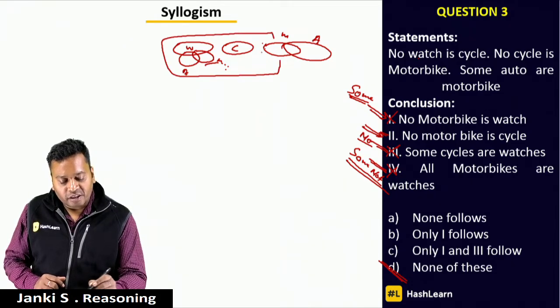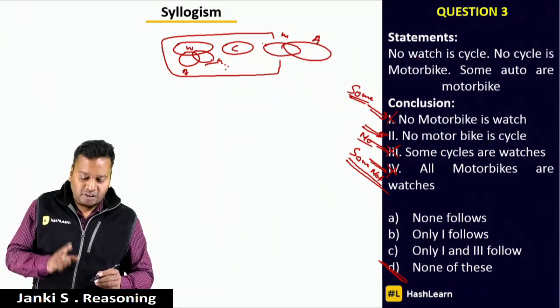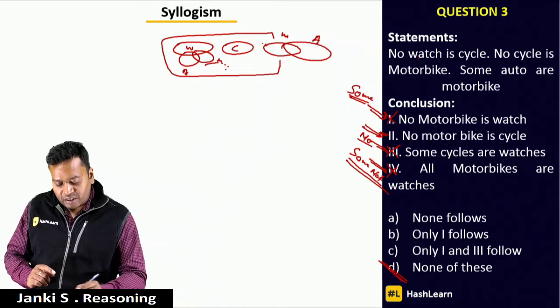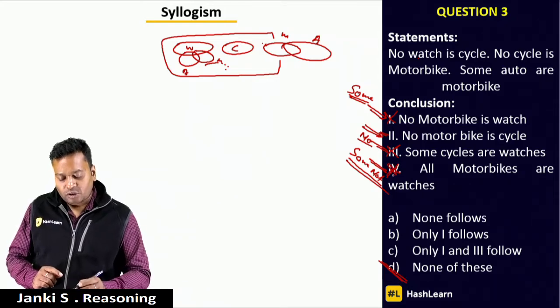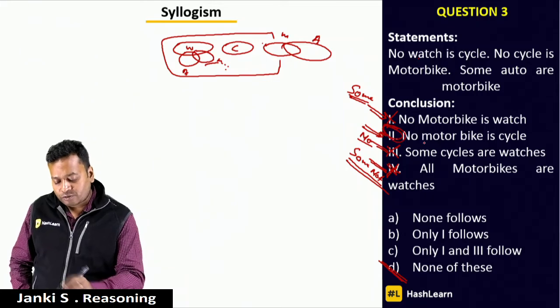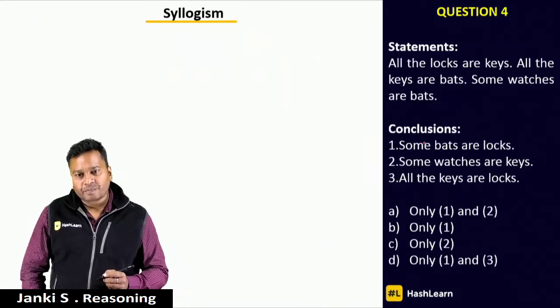If we identify this, it covers no motorbike is watches, and here some motorbike is watches. So combination of both is what? It's nothing but some not, right? So definitely some not is available here. That means this conclusion is ruled out. I have the conclusion as none of these, right? Because only 2 is the value which is following here. Others are not following, right?